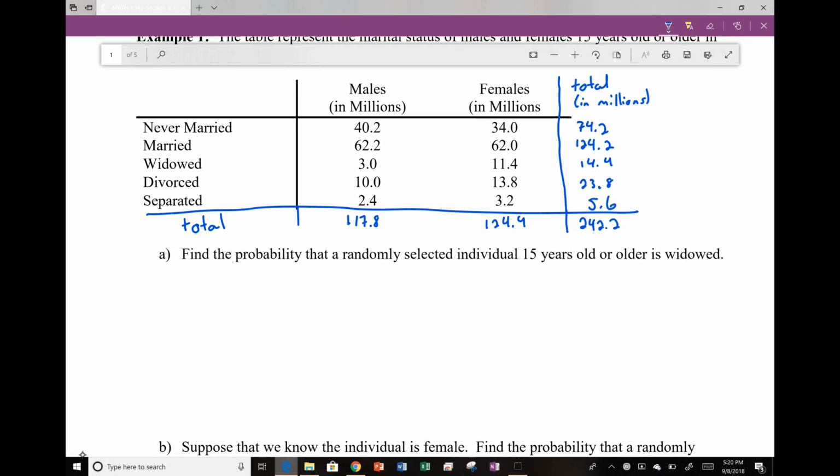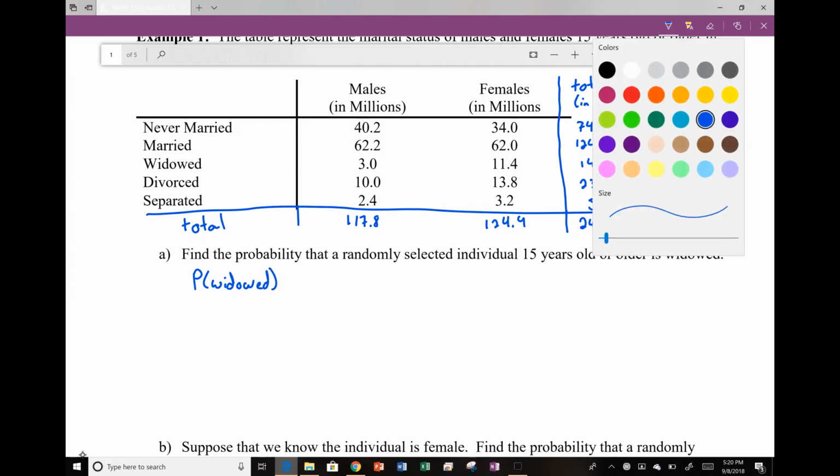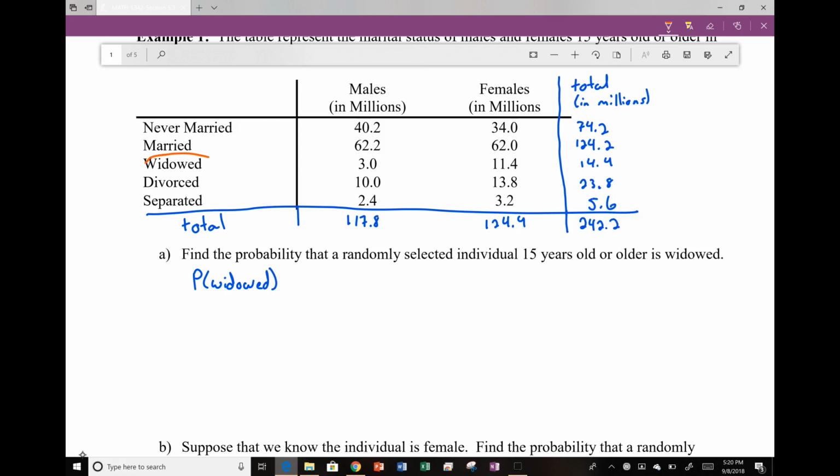So find the probability that a randomly selected individual 15 years or older is widowed. So we want the probability of being widowed. Well, if I look at the widowed, here are my widowed. There's a total of 14.4 million people that are widowed, and there are 242.2 million people 15 years or older.